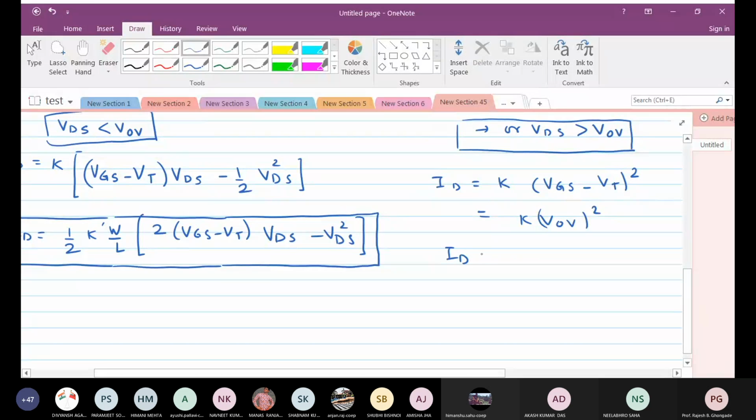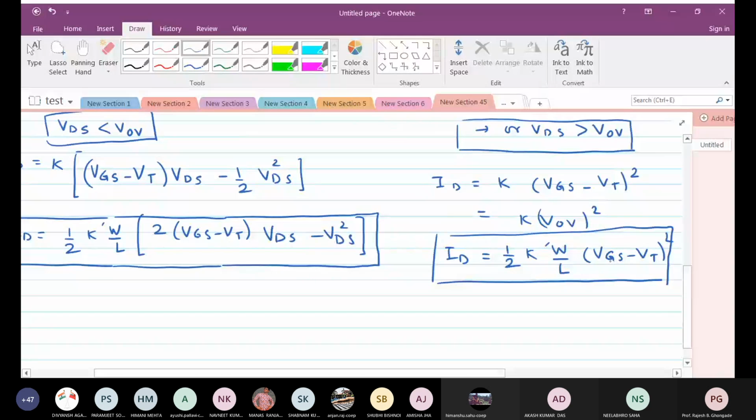And I can write this as ID as 1 by 2 K dash W by L into VGS minus VT bracket square. So these are the equations for the drain current in the saturation region. Agreed? All of you got this?